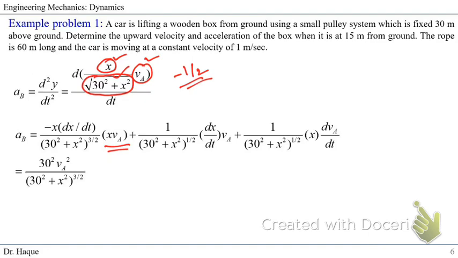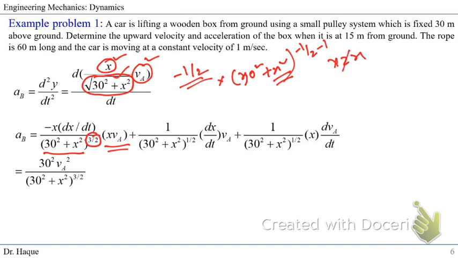multiplied by 30 square plus x square, and if we take the derivative, there will be minus 1 added to the power, so negative half minus 1 leads to negative 3 by 2. That's why it's in the denominator. The inside x square we take a derivative of, so it becomes twice x.